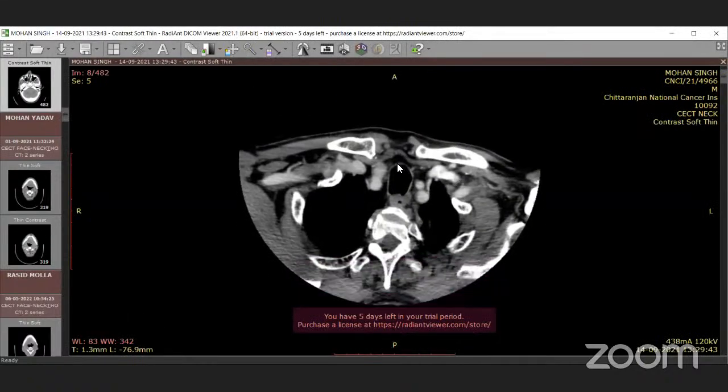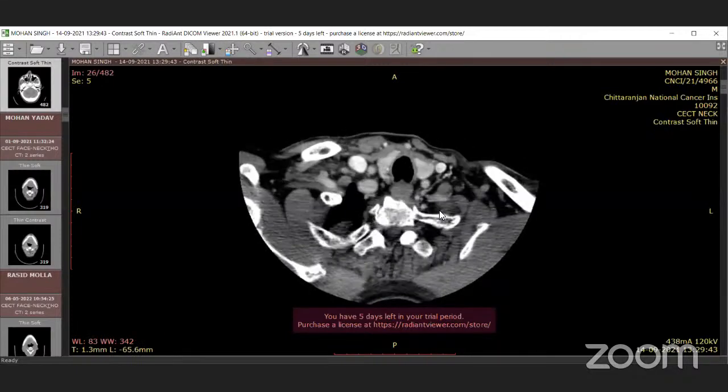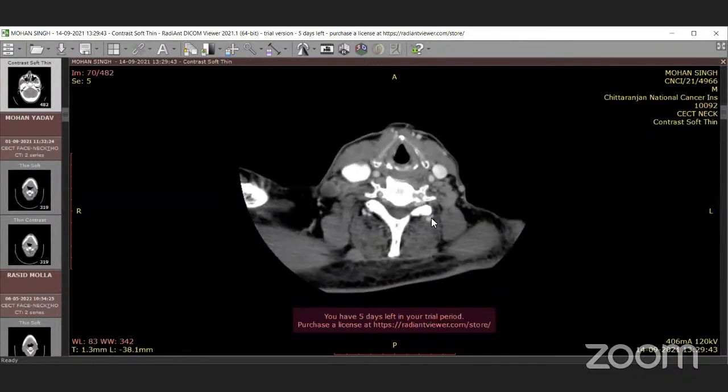Yes, sure. So we trace the true cord from the level of the arytenoids up to the anterior commissure. Whatever muscular structure here is the true cord. Okay.